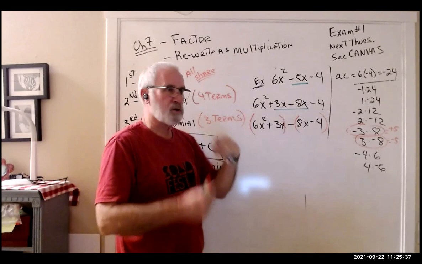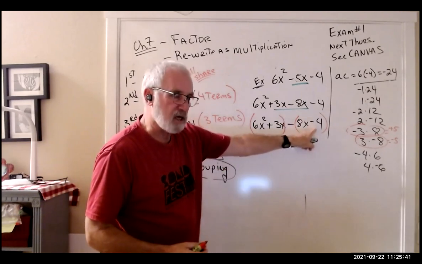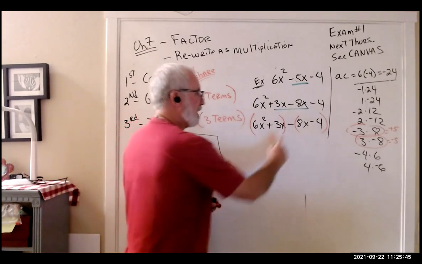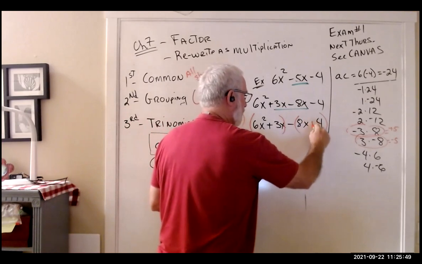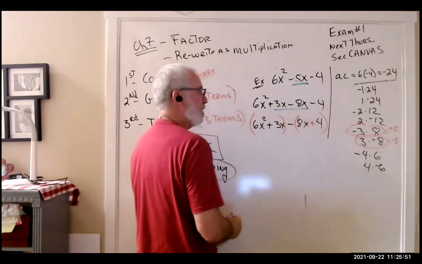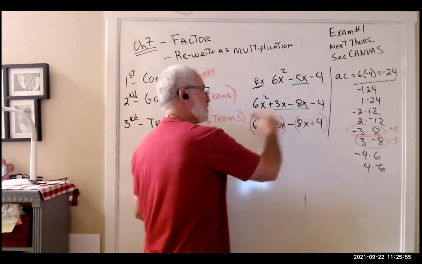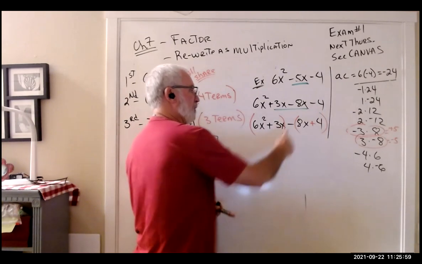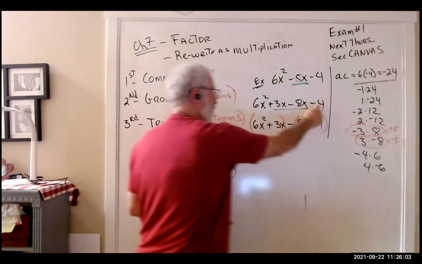And the answer is no. That 4 inside the parentheses needs to be cheated, because remember, it's going to get hit with this negative. So if we turn that into a plus 4, now this is the same as this step, because the minus will change the plus 4 back into a minus up here.